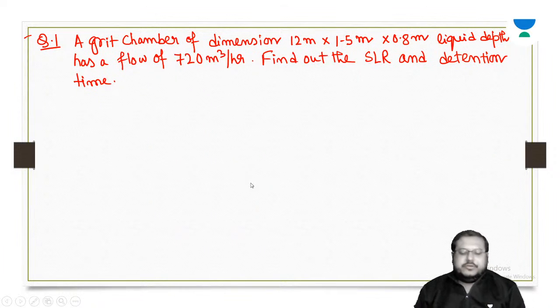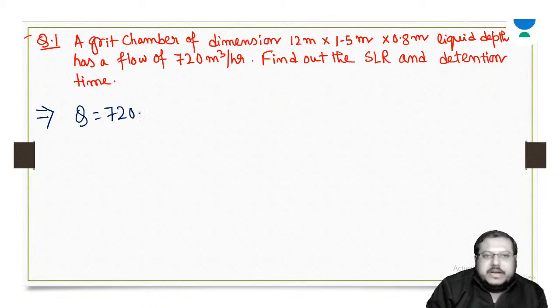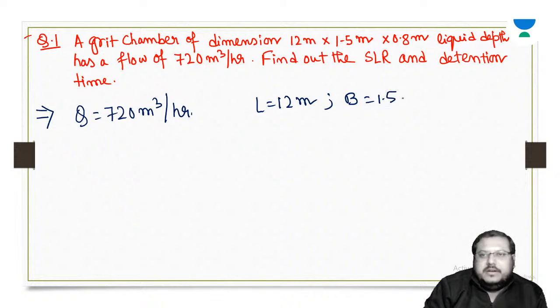So a grit chamber is nothing but a rectangular sedimentation tank itself. 12 meter into 1.5 meter into 0.8 meter liquid depth has a flow, so Q is given as 720 meter cube per hour. Length is given as 12 meter, width is 1.5 meter, and height is 0.8 meter.